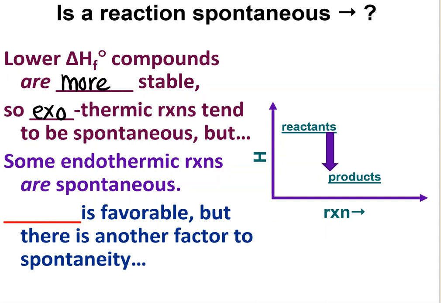So decreasing the heat of reaction, or the enthalpy of the substances, is favorable, as in this one, it gives off energy. But there is another factor that allows some endothermic reactions to be spontaneous.